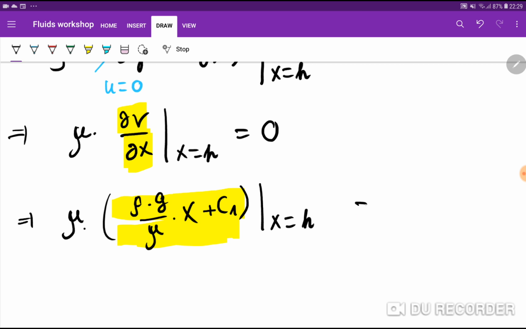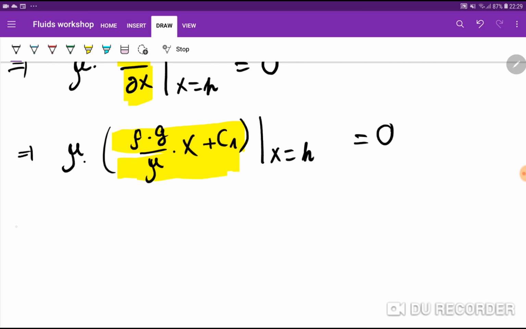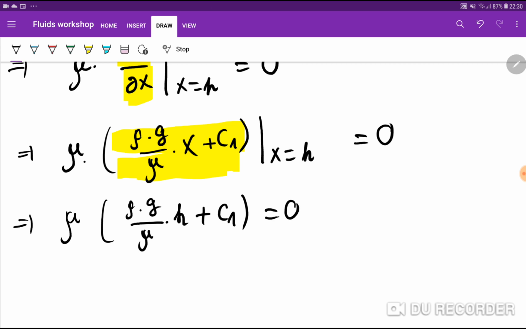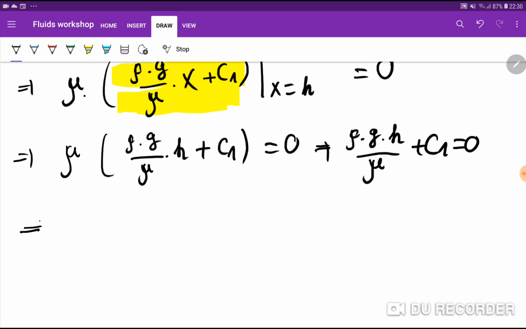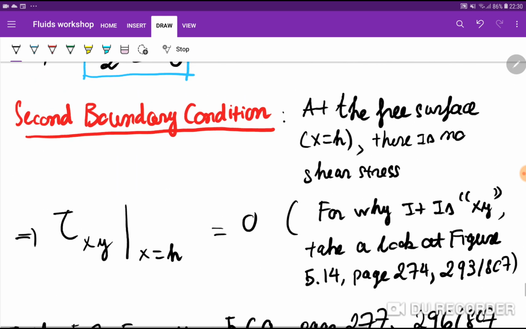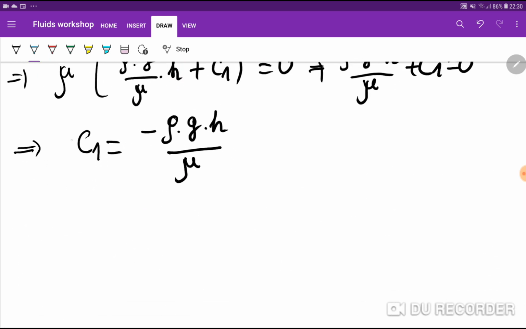At x equals h, I substitute in h, so it's rho times chi over mu times h plus c1 equals 0. You cancel out the density term rho on both sides, so you get rho times chi times h over mu plus c1 equals 0. Now you can solve for c1: c1 is negative rho times g times h over mu. Excellent, so now we have our c1.